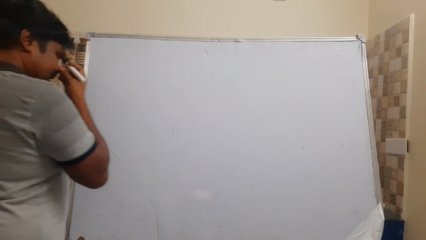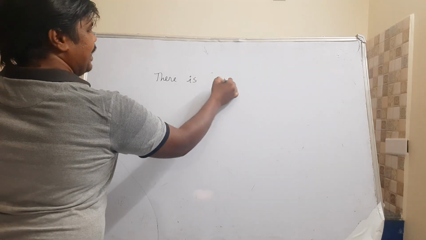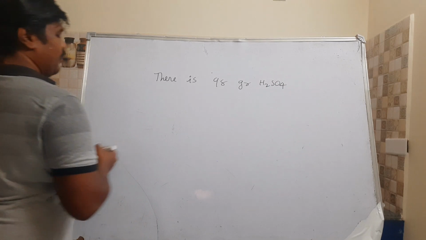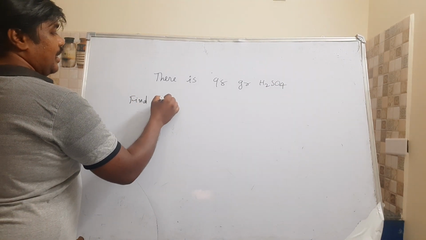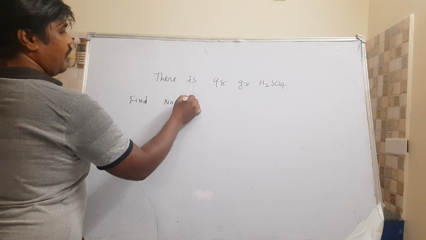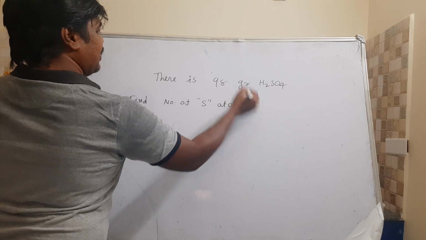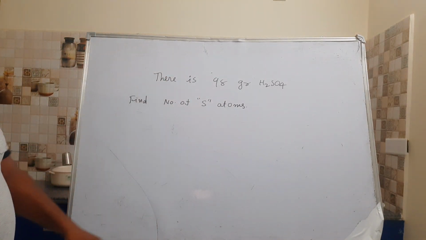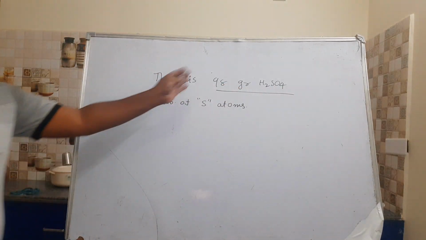Suppose there is 98 grams of H2SO4. Suppose they want to ask you to find the number of sulfur atoms in this much of sample. 98 grams of H2SO4: how many sulfur atoms are there?